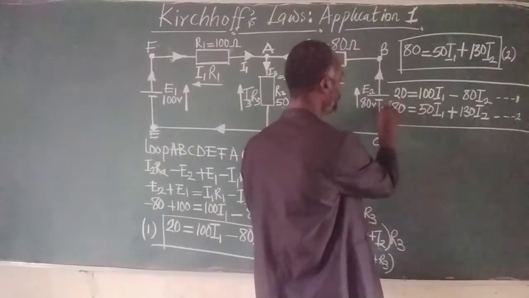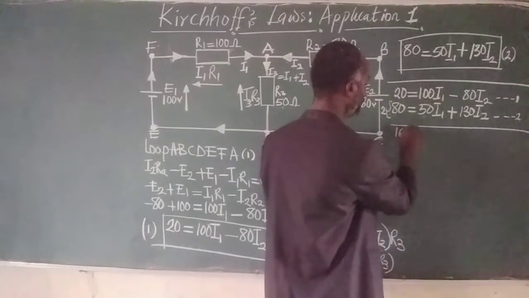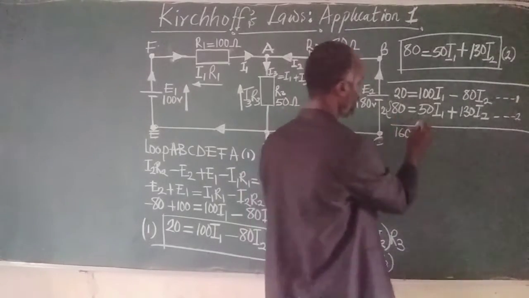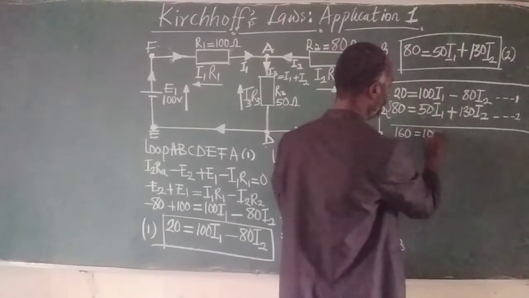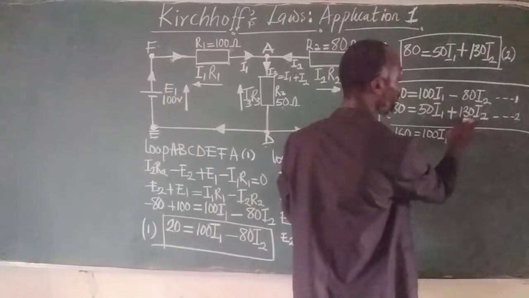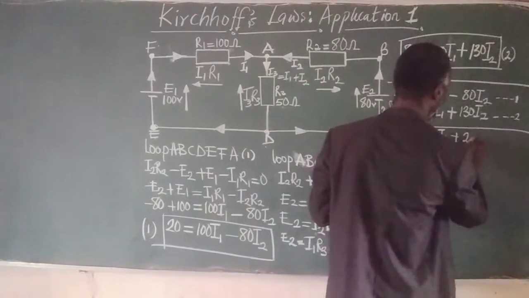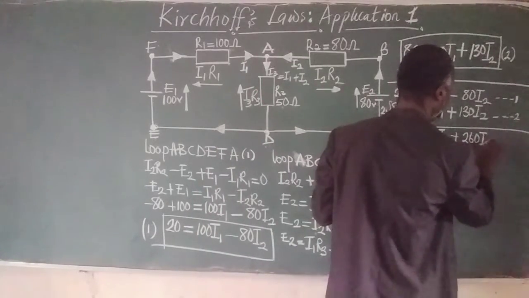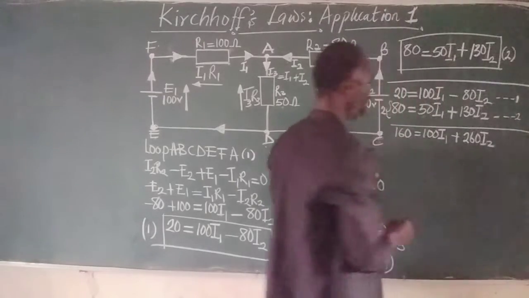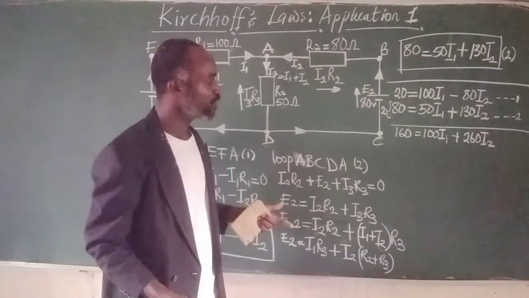I hope this can be visible. So 2 times 80 is going to be 160. All right? 2 times this is going to be 100 current 1 plus 2 times 130 is going to be 260, 260 current 2. All right? We have succeeded in doing this, right? Very good. So what do we do next?